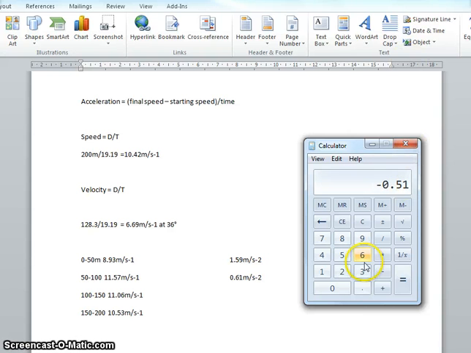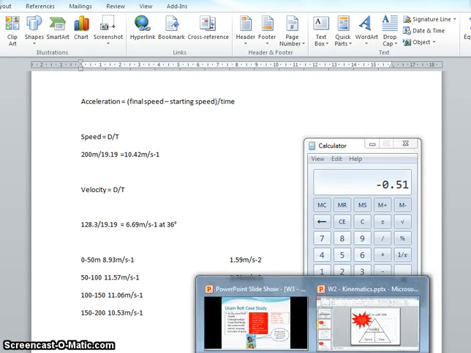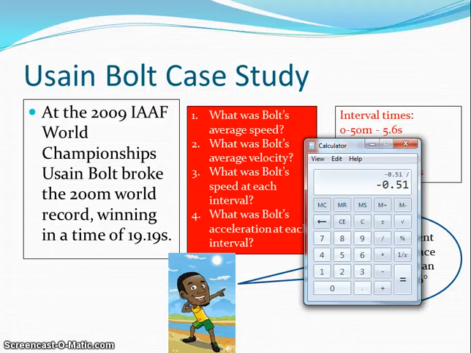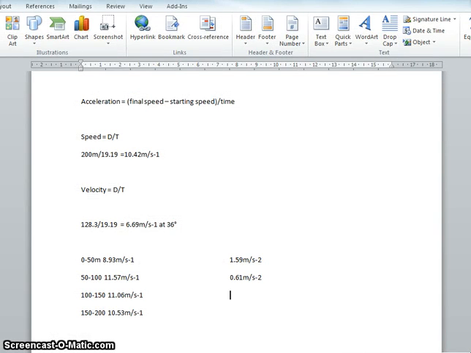That's minus 0.51. And again, we go back to the time, which was 4.52. If I divide that by 4.52, that equals minus 0.11. So if we input that, minus 0.11 meters a second, so minus 2.